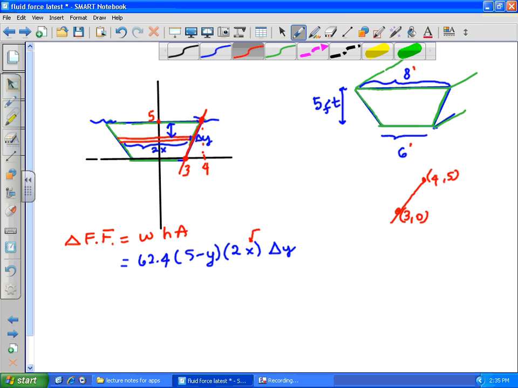So first I need the slope. Slope is (5 minus 0) divided by (4 minus 3). The slope is 5. To get the equation, I'm going to use the point (3, 0). So I go y minus the y coordinate equals slope times x minus the x coordinate.